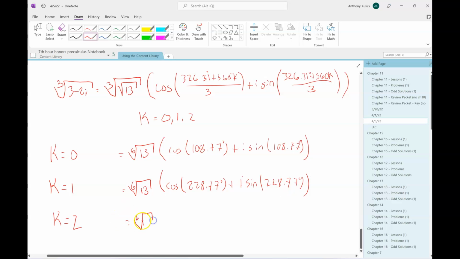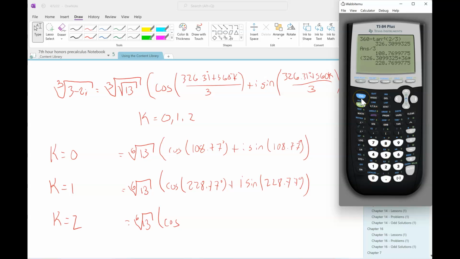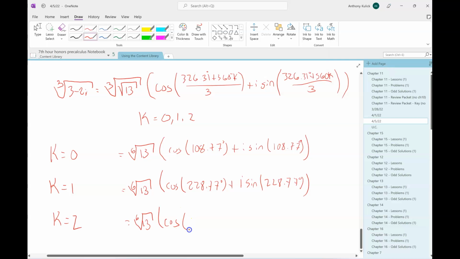And when k equals 2, we're going to have 326 plus 720. So 348.77. Everybody's okay with that?